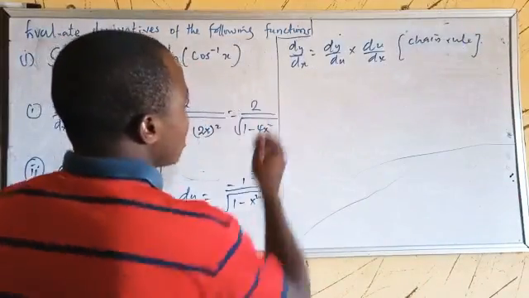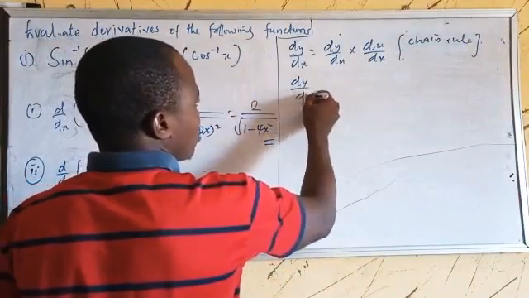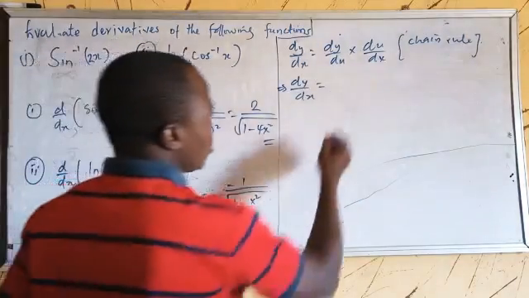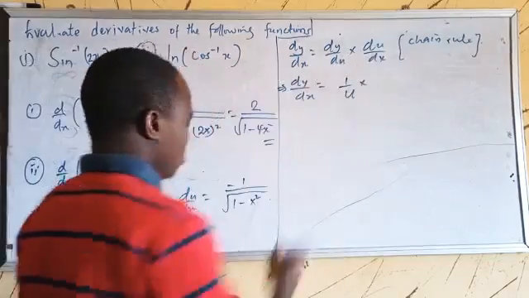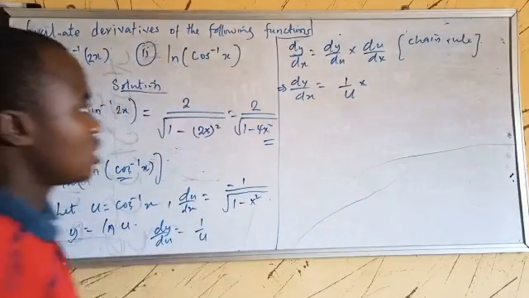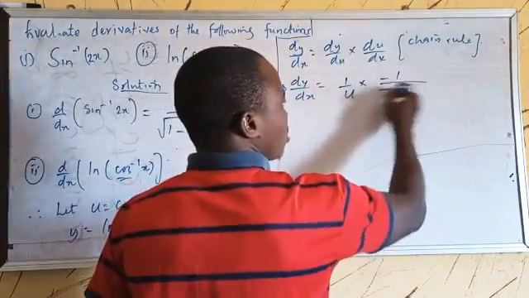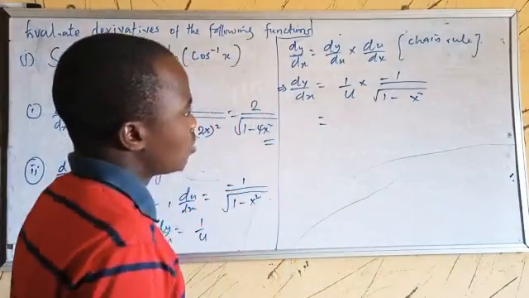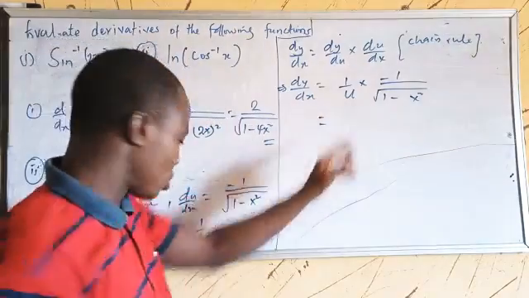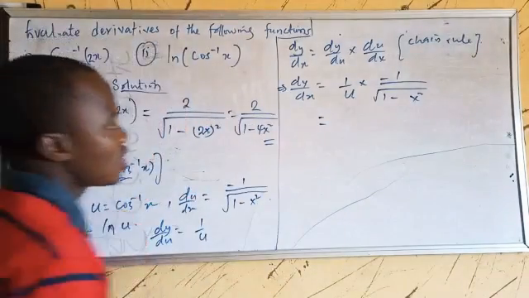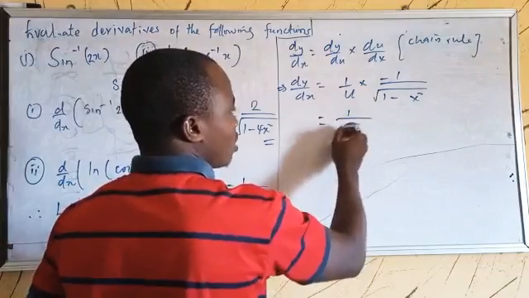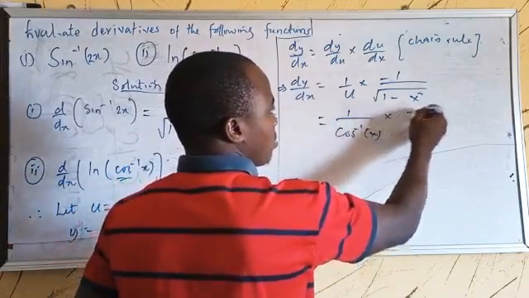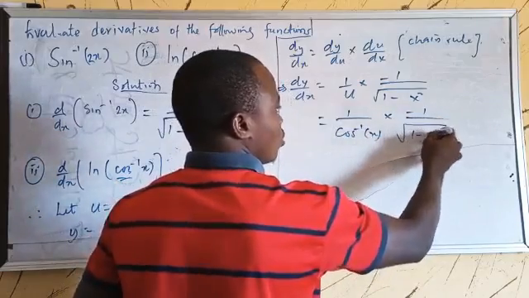Are you getting it? So dy/dx that they asked us to get will now be equal to, what is my dy/du? My dy/du is 1 over u here. Then my du/dx is minus 1 over the square root of 1 minus x squared. From here, recall that we stated u to be cos inverse of x. So from there we have 1 over cos inverse of x, then multiplied by minus 1 over the square root of 1 minus x squared.